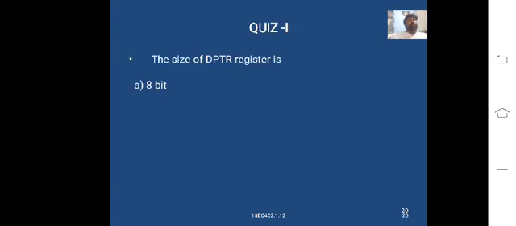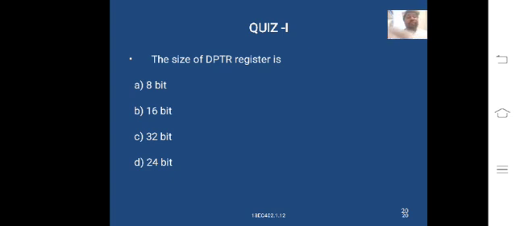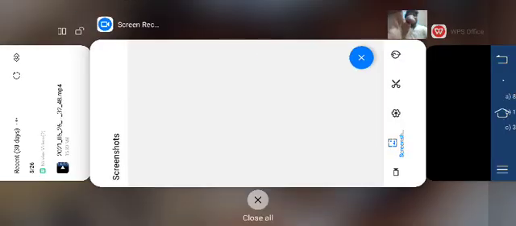Quiz 1. This question is related to the size of the data pointer register. In the diagram or the table in the presentation, the DPTR is represented as a 16-bit register.